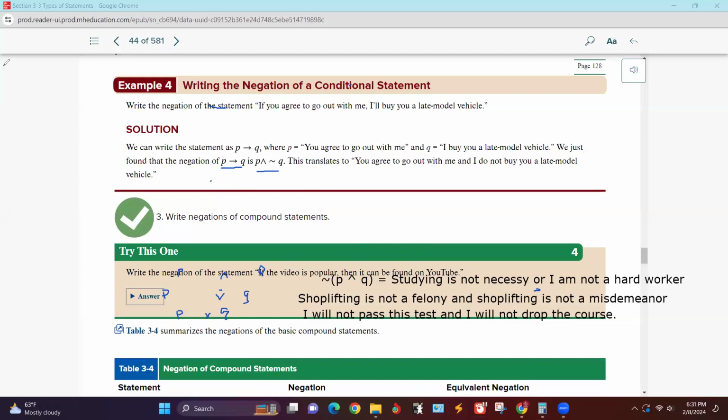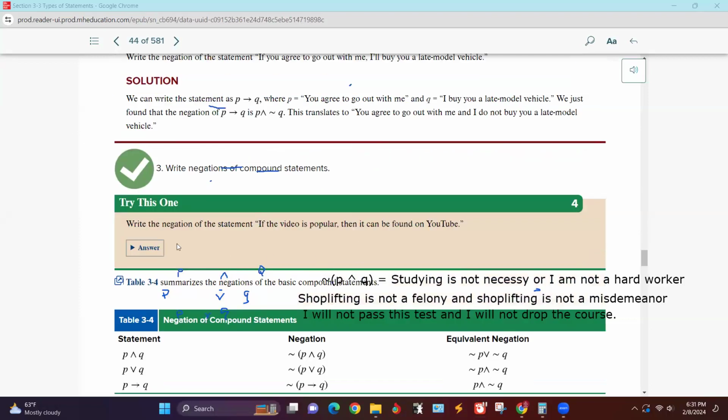So what we want to do is write the negation of the statement here. If the video is popular, then it can be found on YouTube.